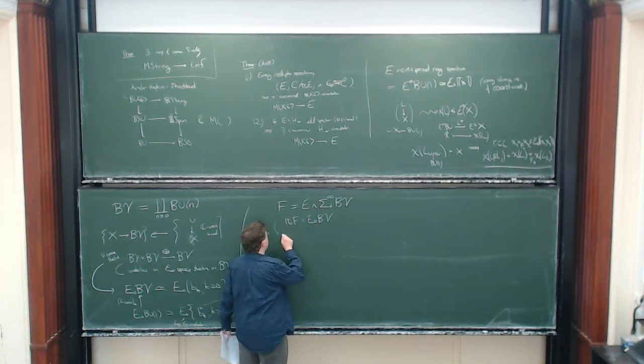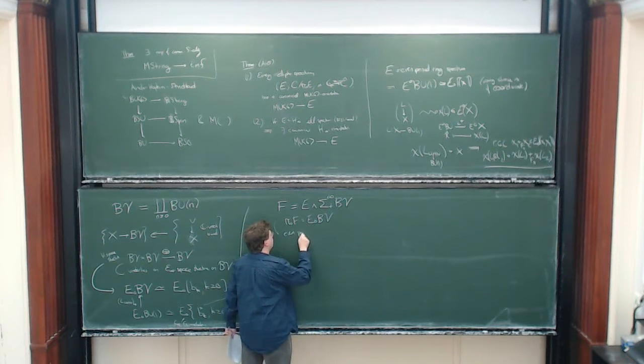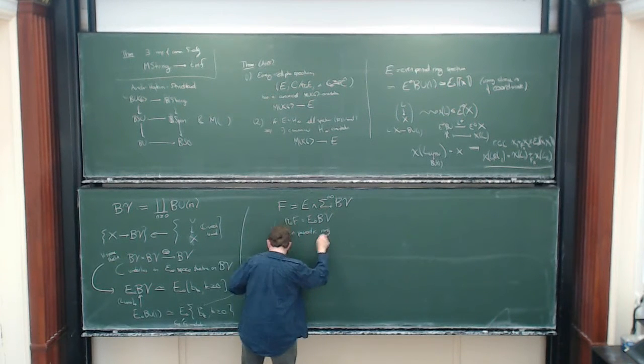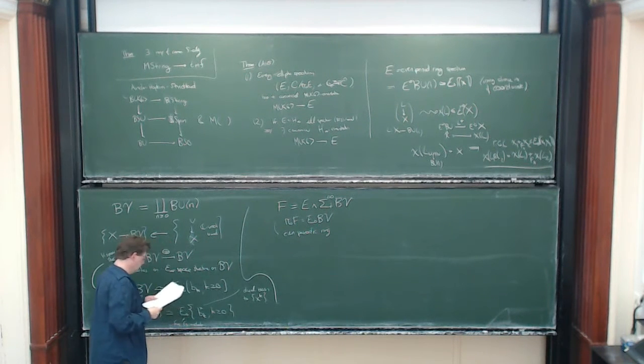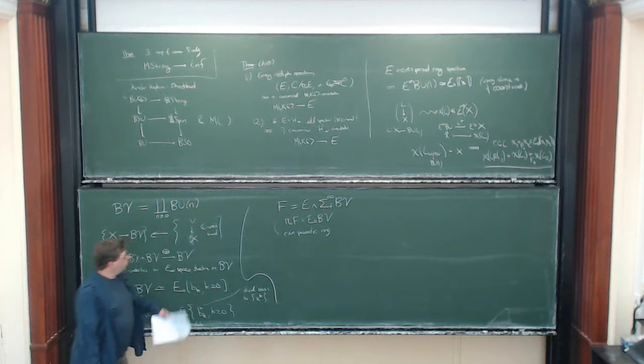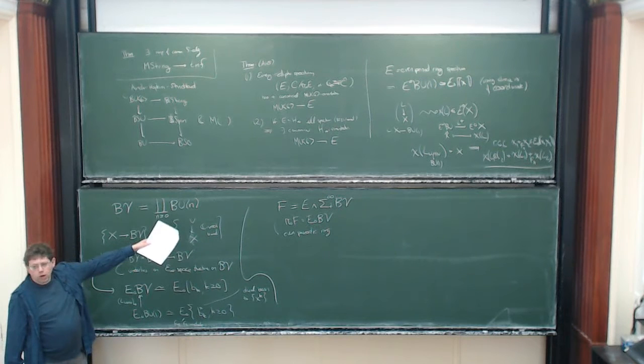It's also even periodic. So this is an even periodic ring. What I'm going to do in a bit is describe how power operations act on this ring in the case where E is Morava E-theory. That's what I'm headed towards.